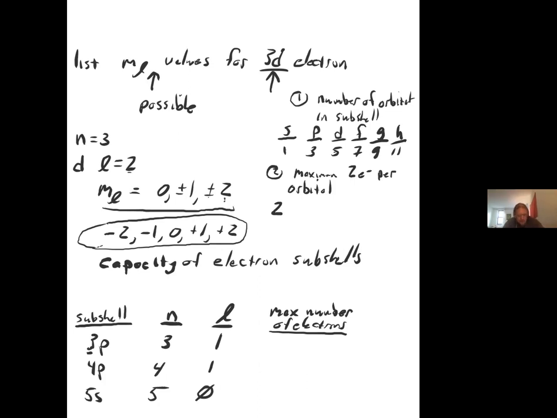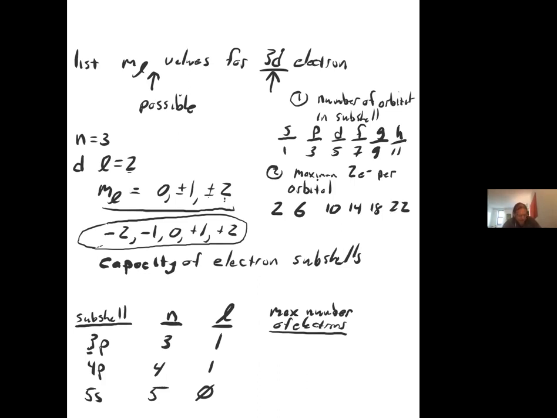If you have 3 orbitals and each orbital can have 2, that'd be 3 times 2, which is 6. If you have 5 and each one can have 2, that's 5 times 2 is 10. And so what you end up with are these numbers here. I got that right? 11 times 2 is 22.